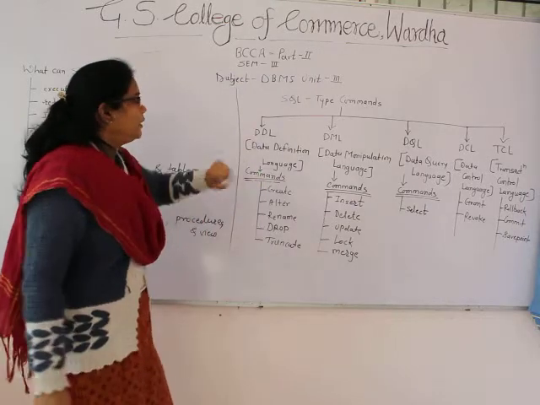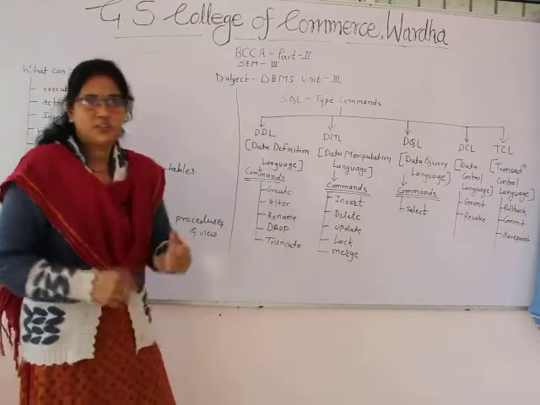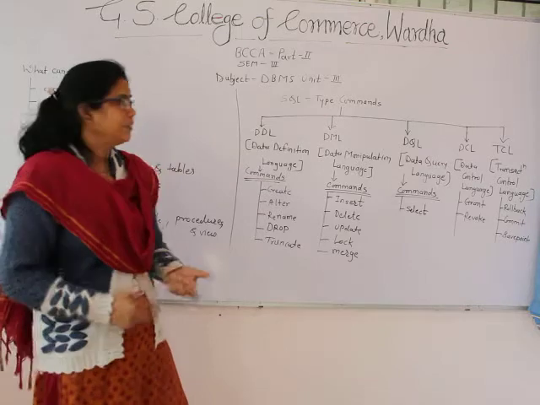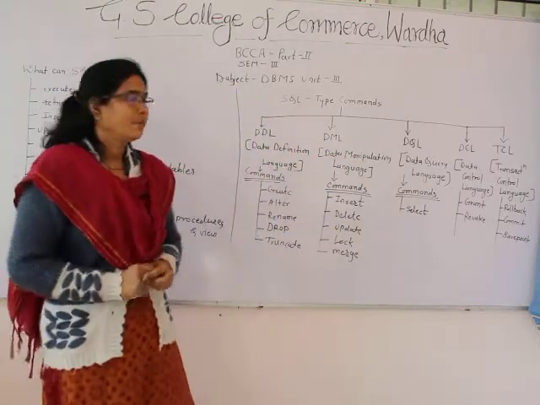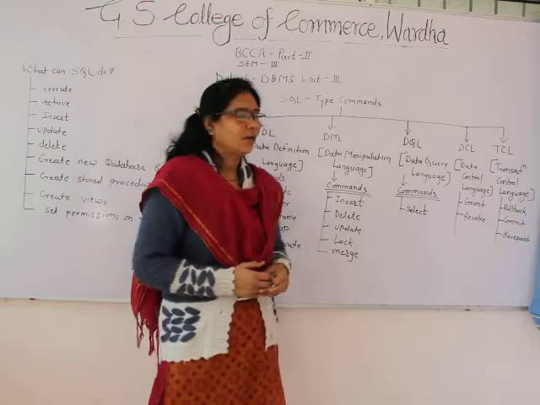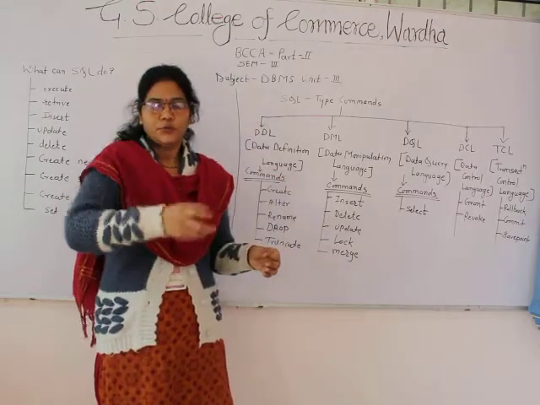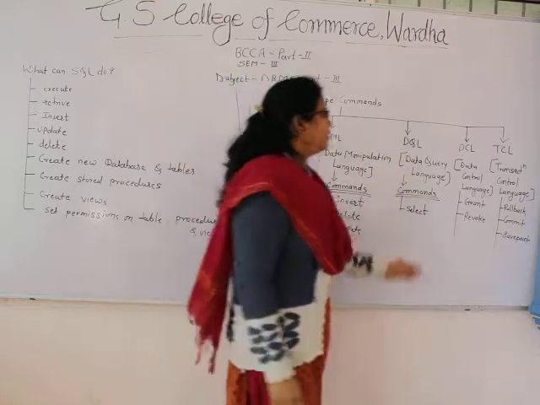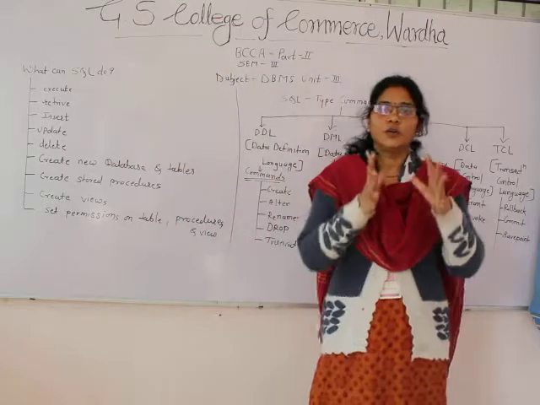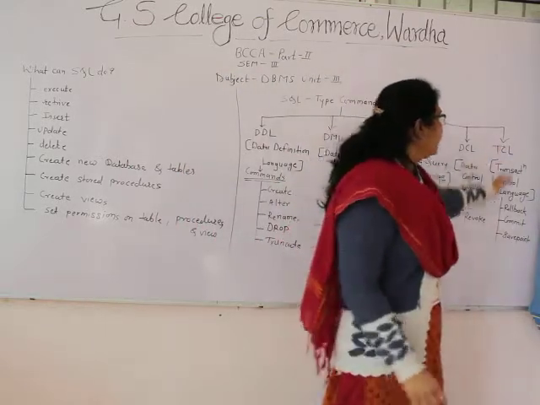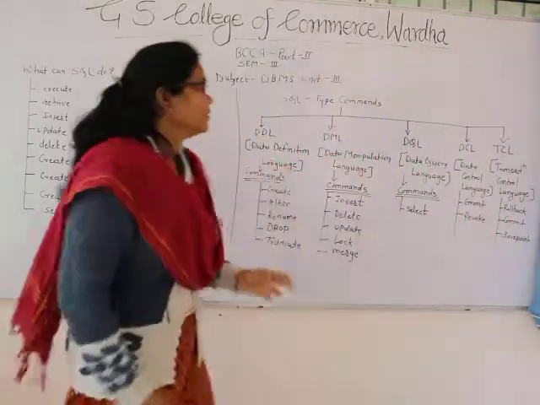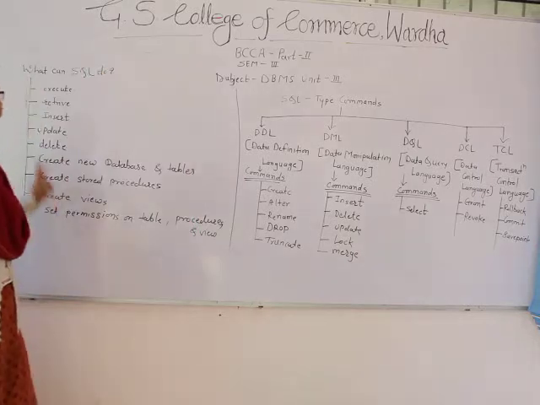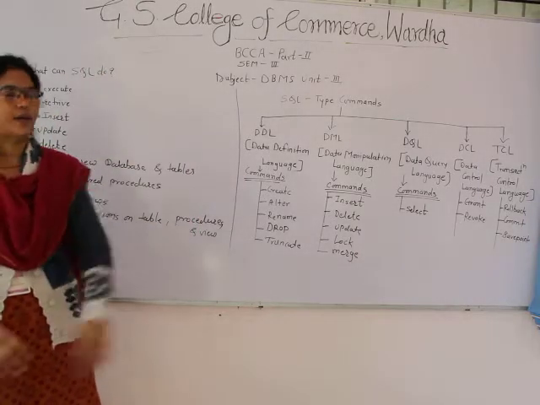DDL, data definition language, is used for defining the databases; data manipulation language is used for manipulating the data; next, data query language is used for retrieval; DCL is used for controlling the database; and TCL is used for controlling the transaction. This is nothing but what SQL can do and the types of commands.